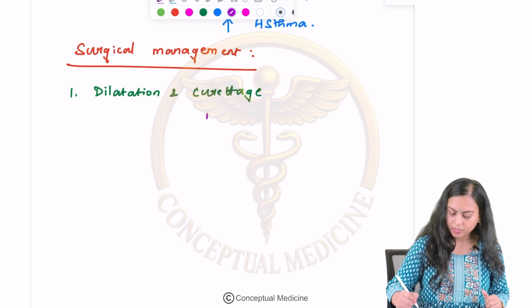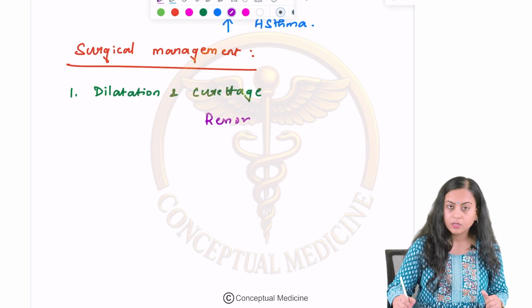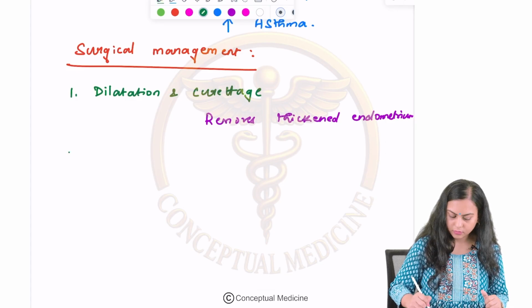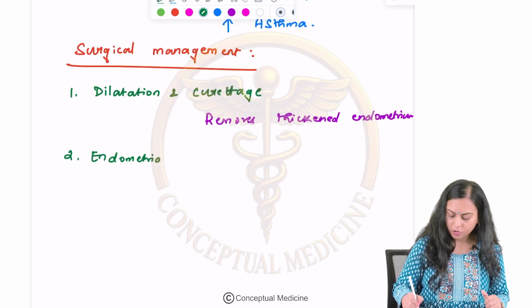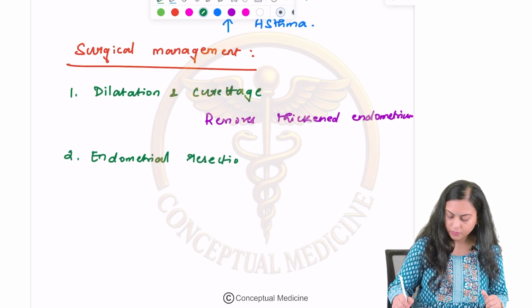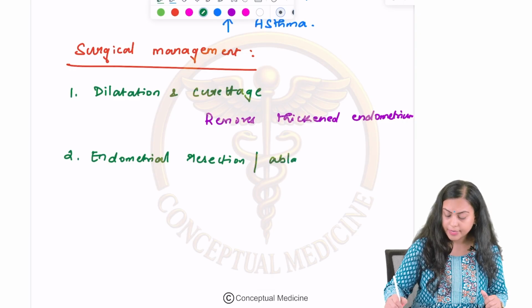Okay, this removes thickened endometrium that is causing bleeding. Then you can offer endometrial resection or endometrial ablation.